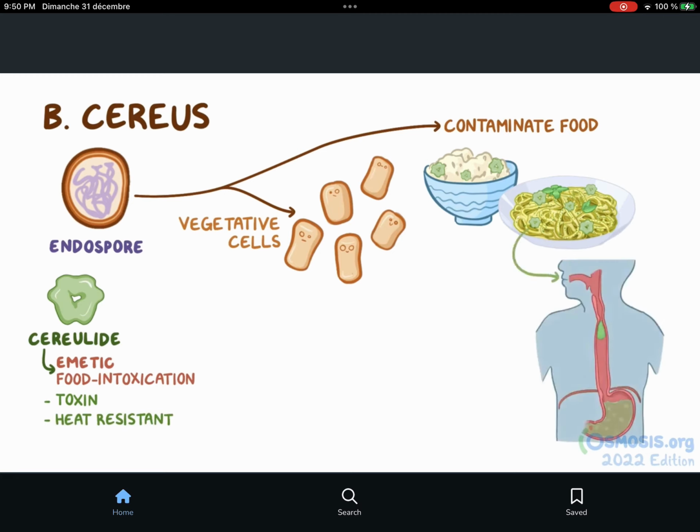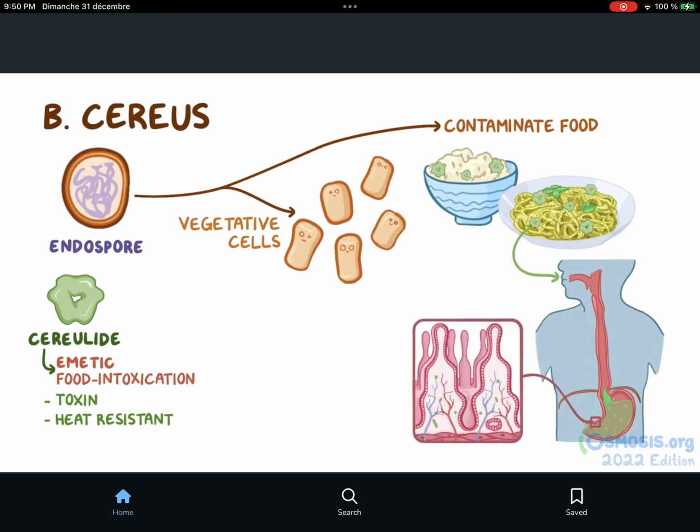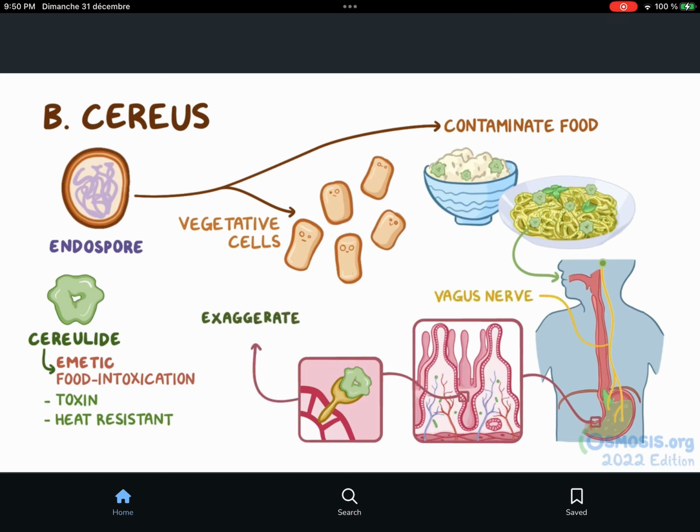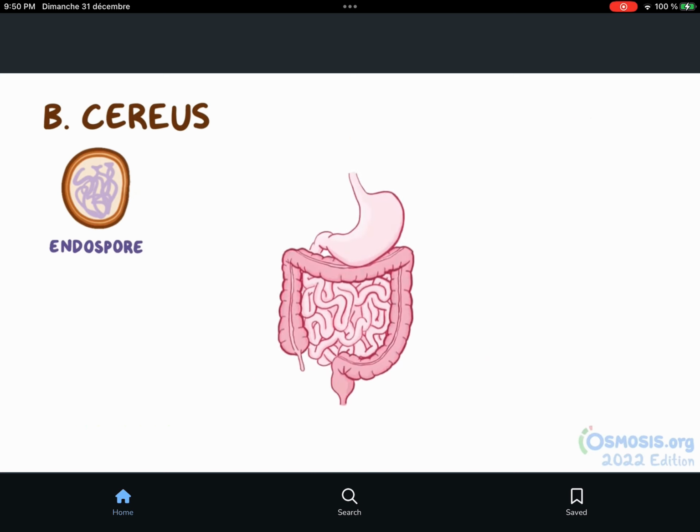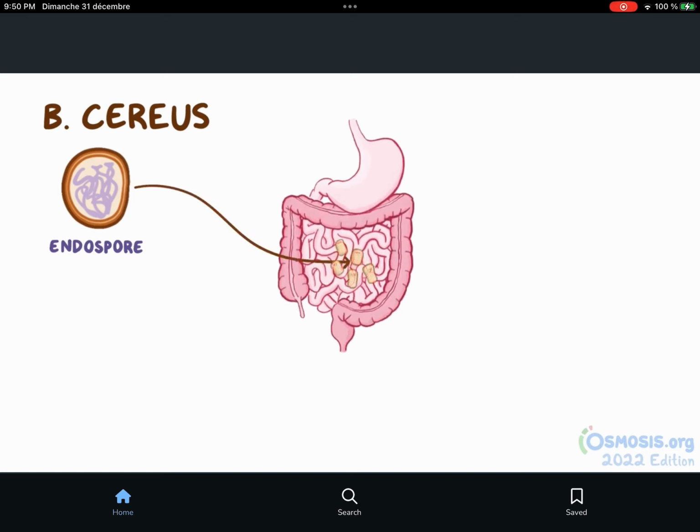If someone eats that cereulide contaminated food and gets them into their gut, cereulide binds to gastrointestinal mucosal chemoreceptors, and then excessively stimulates the vagus nerve, thus activating an exaggerated vomiting reflex. Aside from cereulide production, the endospores themselves reach the small intestines, where they germinate into the vegetative form.